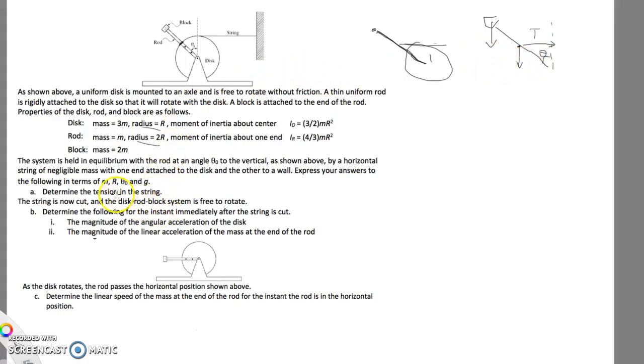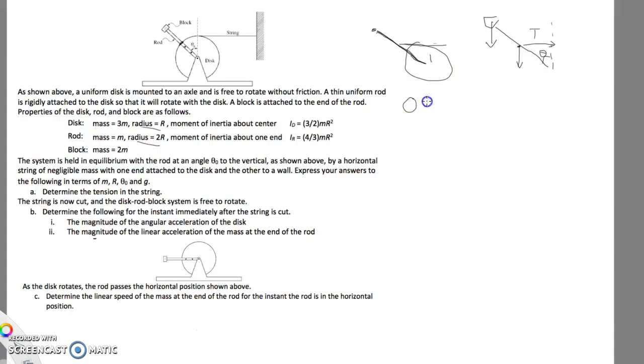Okay, and it asks us to find the tension in the string. Well, if this system is in equilibrium, okay, then what that means is the net force is 0, and so the net torque is 0 in this system. So the sum of these torques would have to be equal to 0.